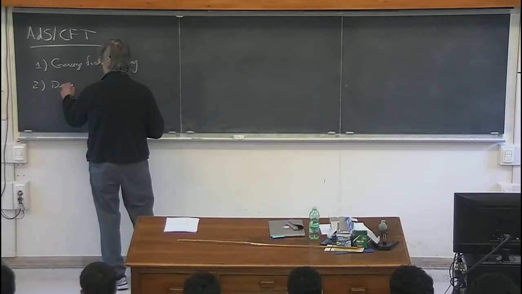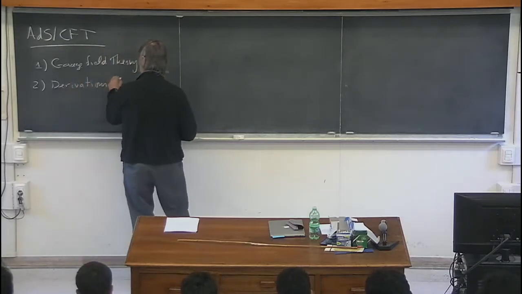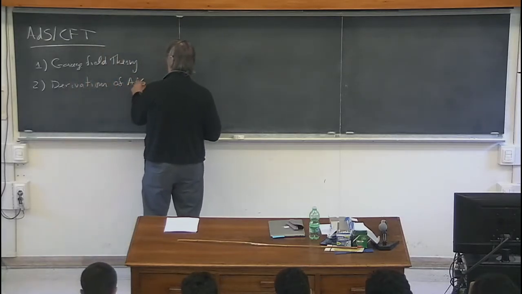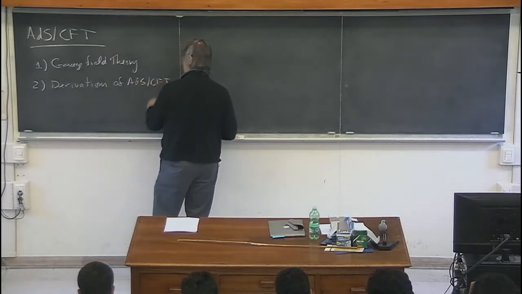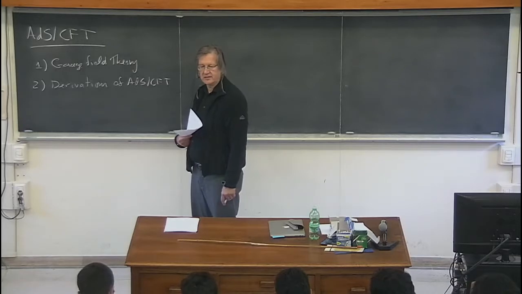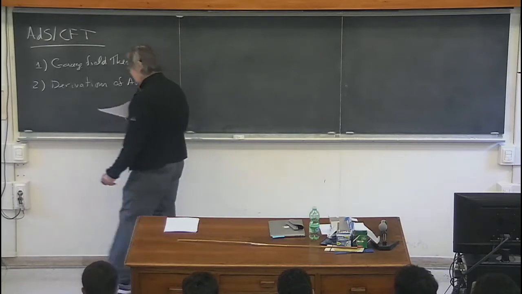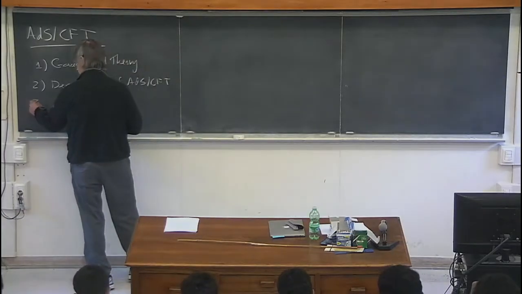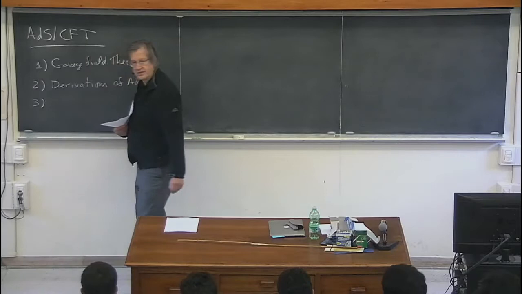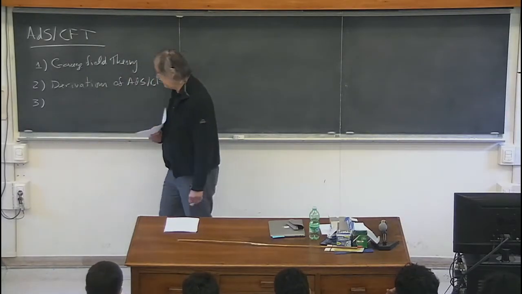So I'm going to talk about gauge theory, then I'm going to talk about the original derivation, the original argument of Maldacena, which sits there today as really the only real derivation of the subject, and is not really a derivation, which leaves the whole thing a conjecture, but still it's interesting to review it.